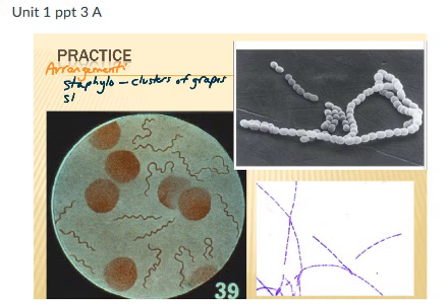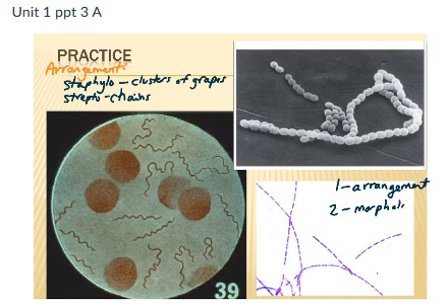And the second is strepto. These are actually chains. When you name a bacteria, the order is first you name the arrangement, and second you name the morphology.